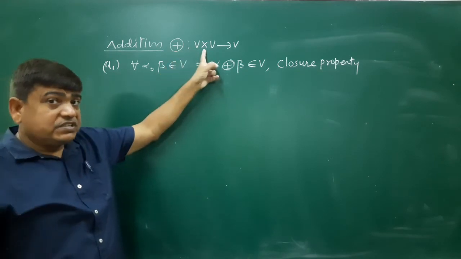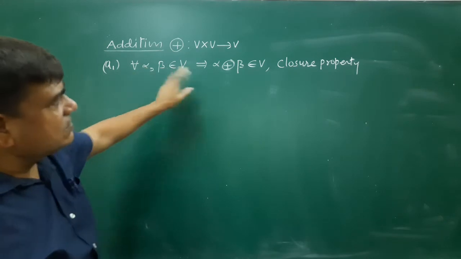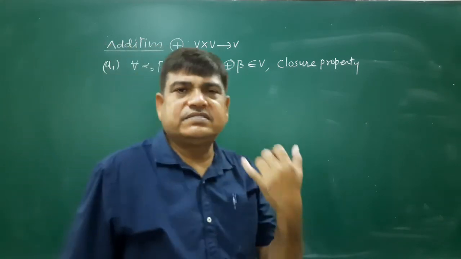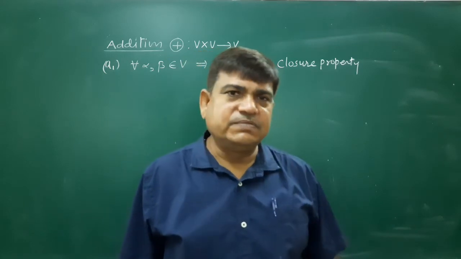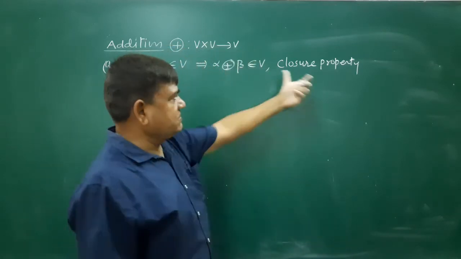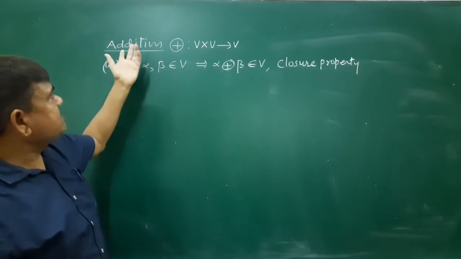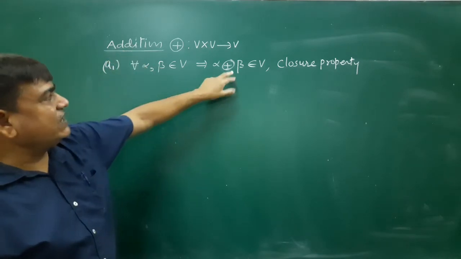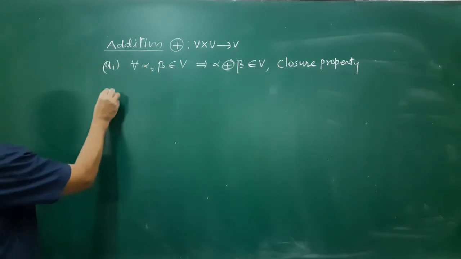The first composition, I am writing the properties of this one. The first one is closure property. Generally it is not written, but I write it. Since it is binary composition, so this holds. So that means this is the closure property. You consider any two members of this one. Since this is the addition, so addition of two vectors is again a vector. Okay?